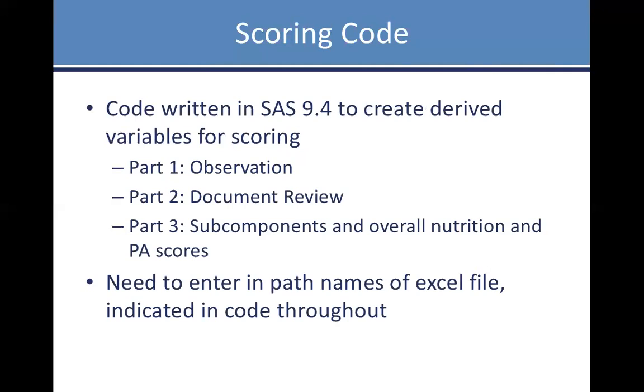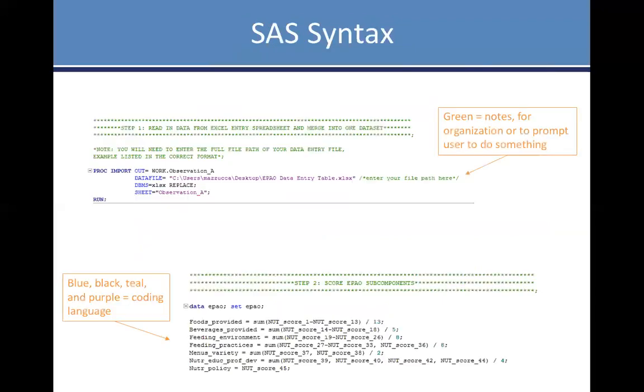So it's 3 separate SAS code files. And what you'll need to do is enter in the path of the Excel file wherever it is on your computer or your shared drive. And that's indicated throughout with some notes, which you can see on this slide.